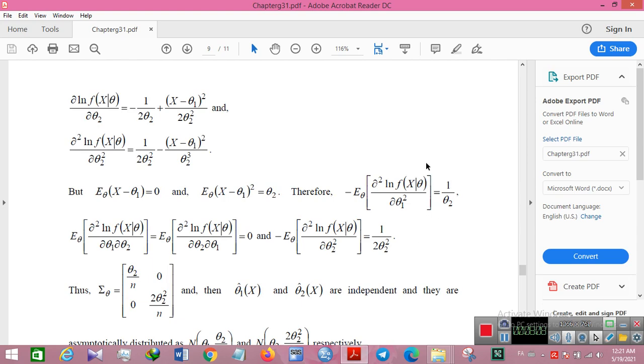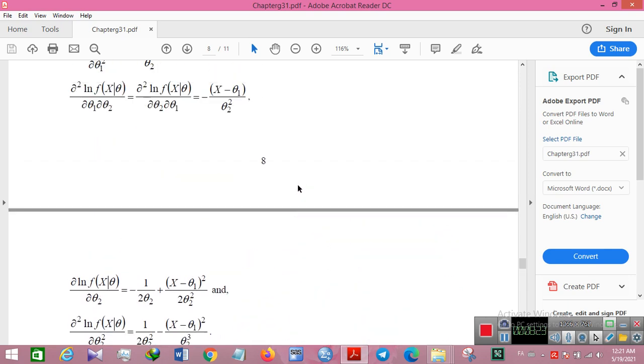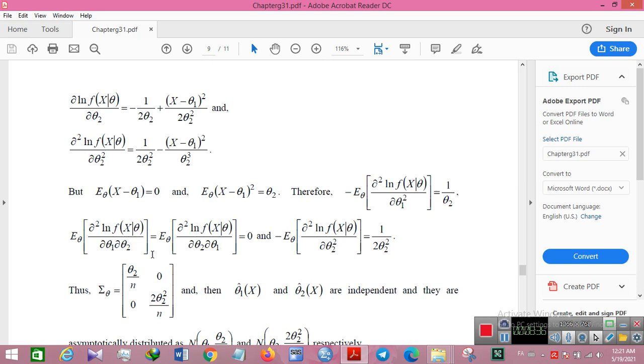Therefore we can calculate the expectation of the second derivative with respect to theta 1. The expectation is minus the expectation of x minus theta 1, which is 0, and so the second derivative of log f(x) with respect to theta 1 theta 2 is 0.